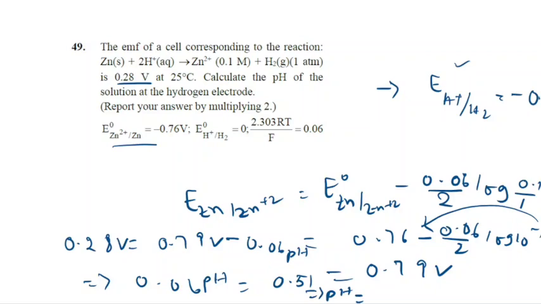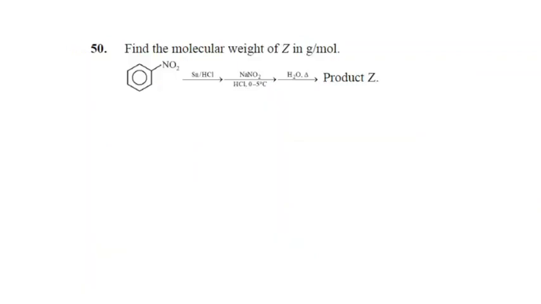Okay, next one, last one, from organic chemistry, which is an easy one. Here they are asking for the molecular weight of Z in gram per mole. So let's first predict the product here. NO2 with Sn/HCl, we know that it readily converts into NH2, which is aniline.